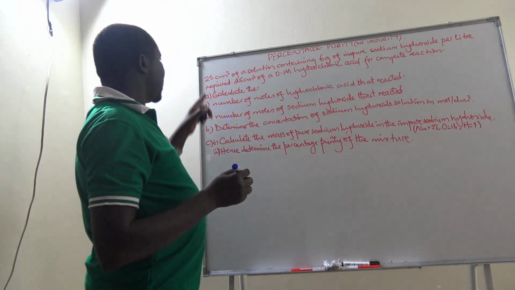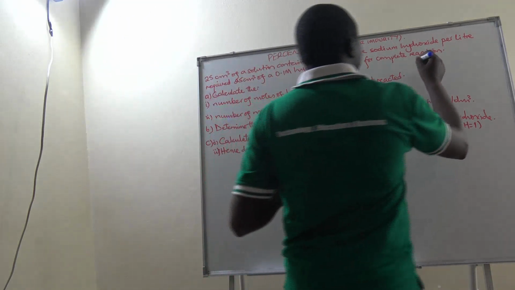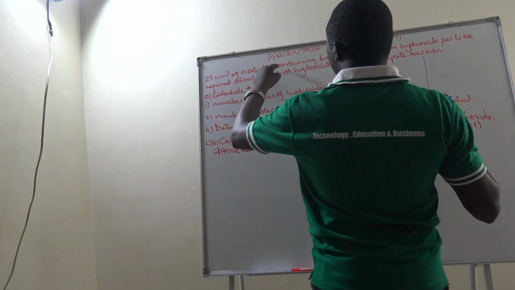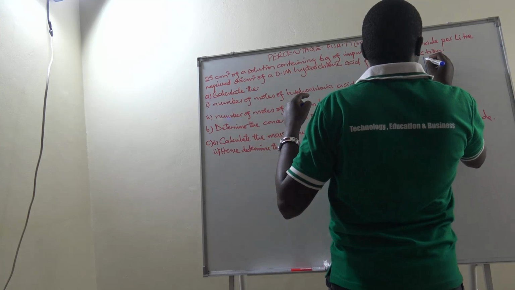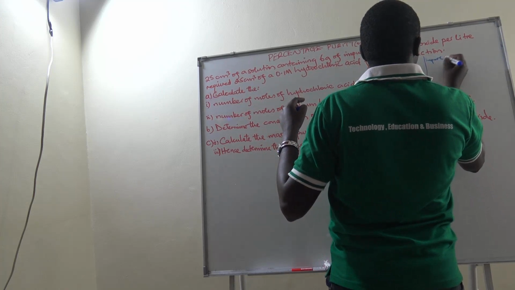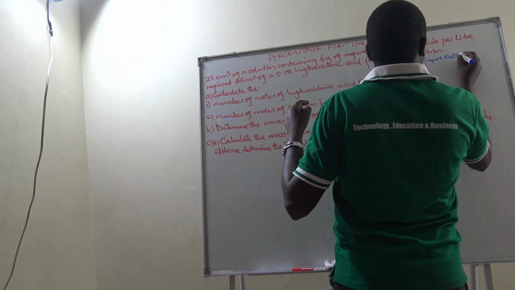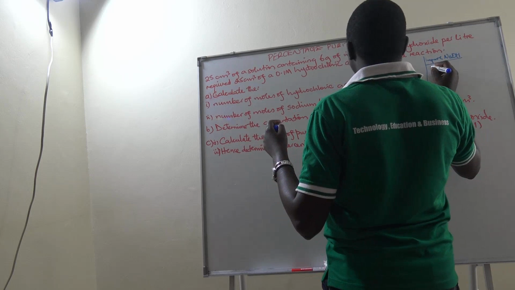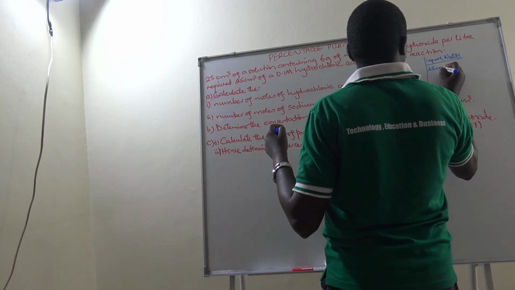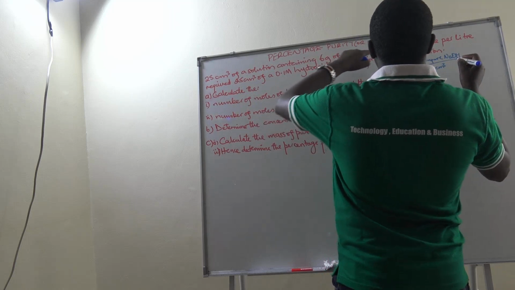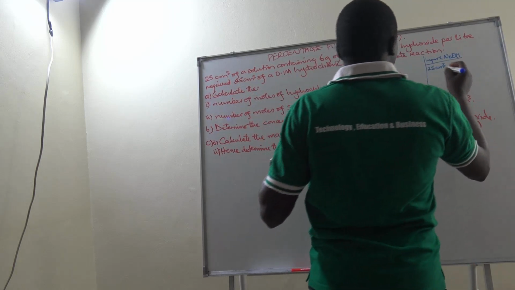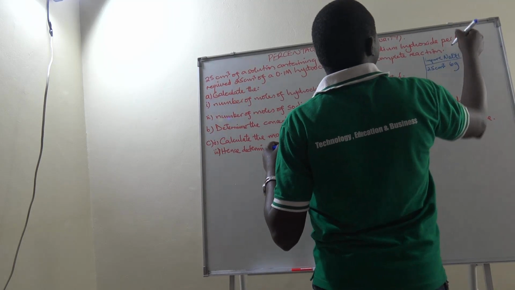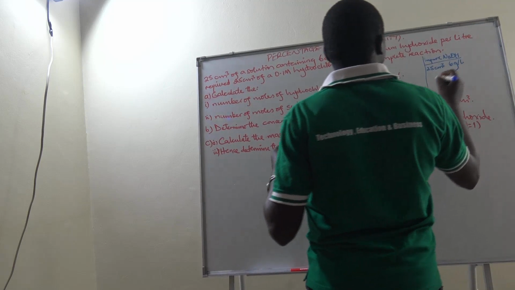Now the first thing we are going to do is to collect our data for the sake of simplicity of our work. So 25 cubic centimeters of the solution containing 6 grams of impure sodium hydroxide. So we have been told that 25 cubic centimeters, this is the volume of the impure sodium hydroxide solution that reacted, and they told us that the concentration is 6 grams in 1 liter, that is per liter.